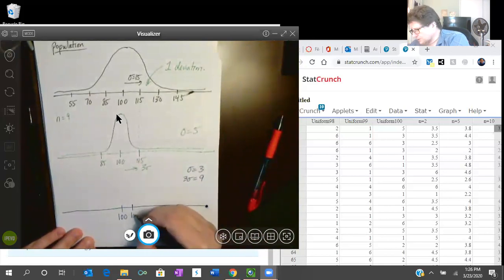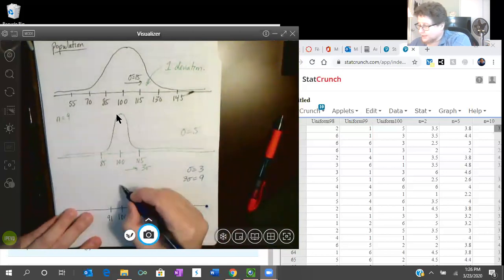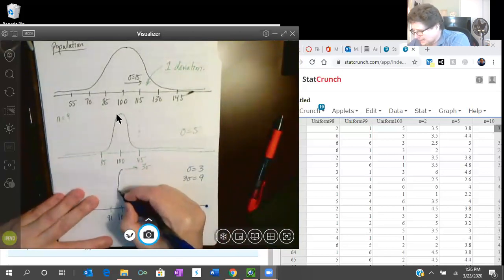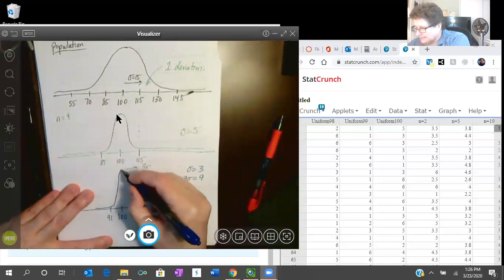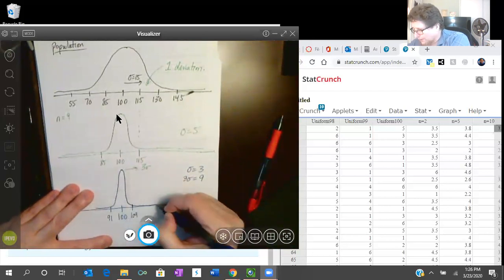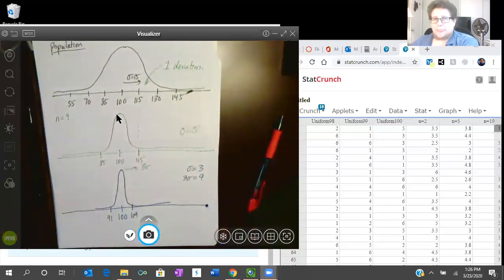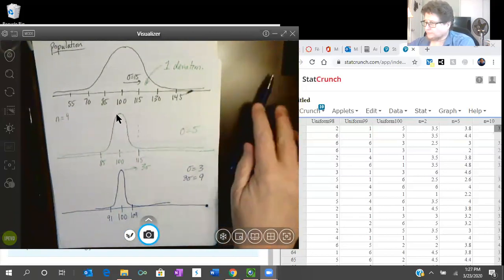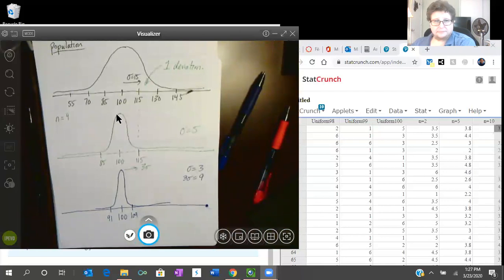And so now I can only go 9 each way before I hit 3 deviations, which means it's got to be like that, like even more narrow. So pause for a second, let you jot that down.